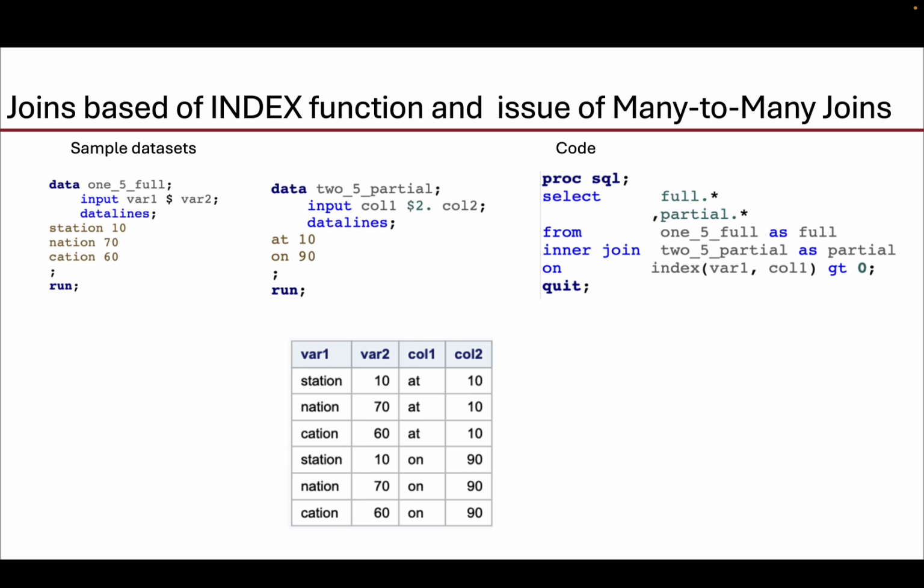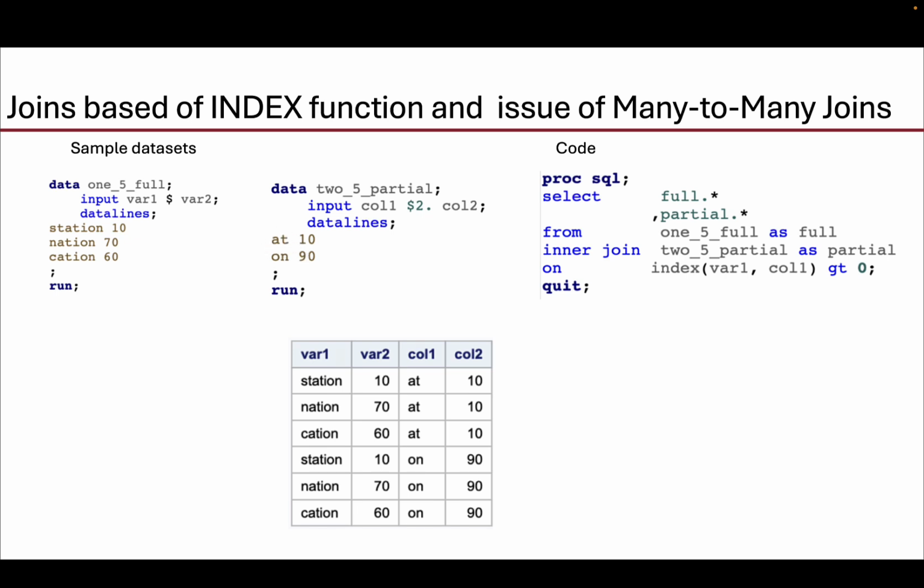Now if you look in here, we don't have anything the same on both the datasets to do a join, but many a times we do joins on this basis also, that we have one complete full string here, that is var1, and we are looking for the partial string in here, and we are doing a join.